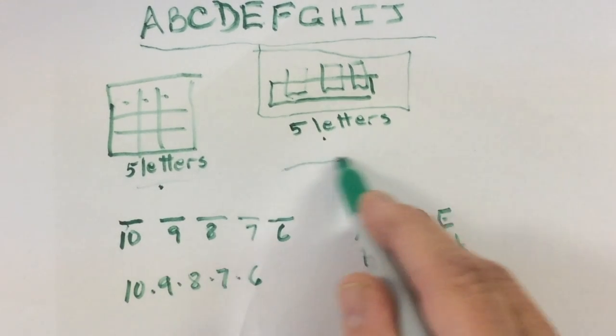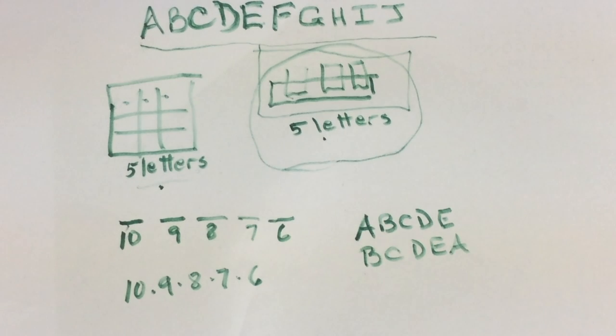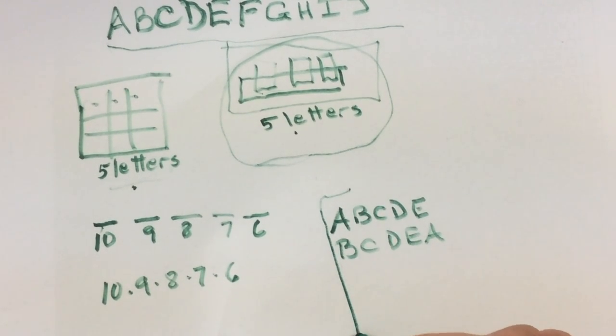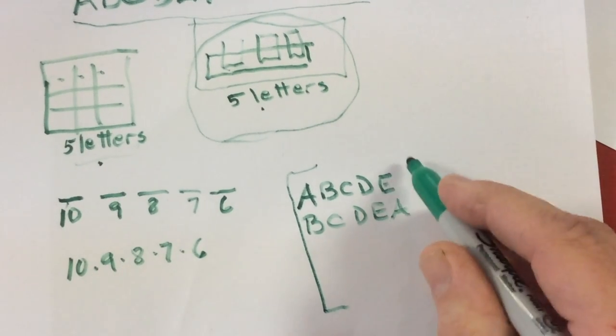Are they any different for the purposes of picking letters out of the box? They're the same, right?